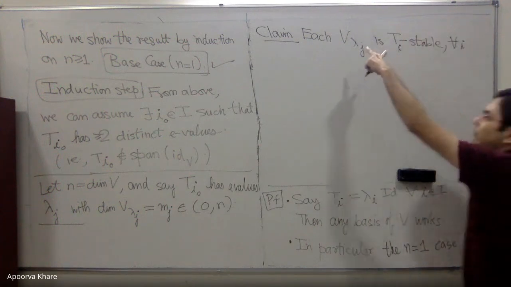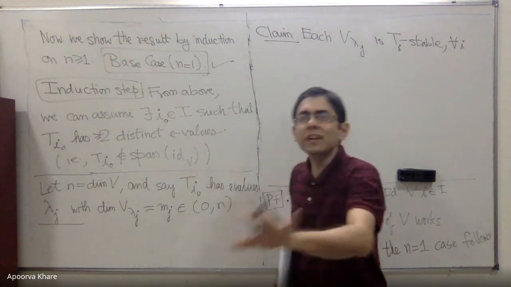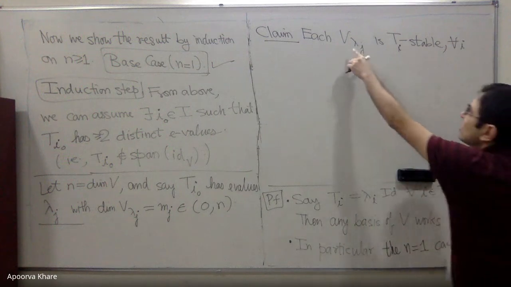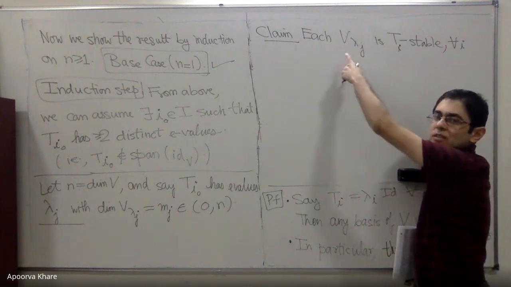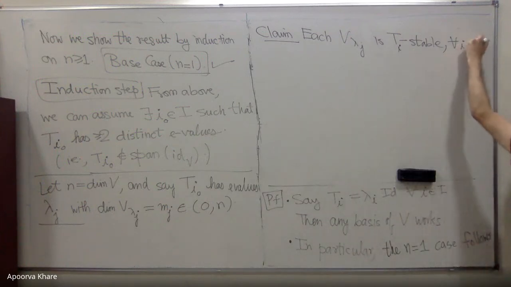So what is V lambda j? V lambda j is the eigenspace for Ti naught. I am saying take every other Ti as well, including Ti naught. Of course, Ti naught preserves V lambda j because it just rescales by lambda j. But every Ti also preserves it. That is the claim.